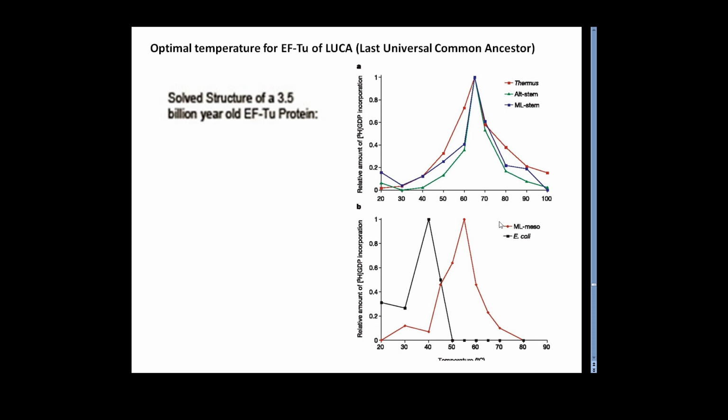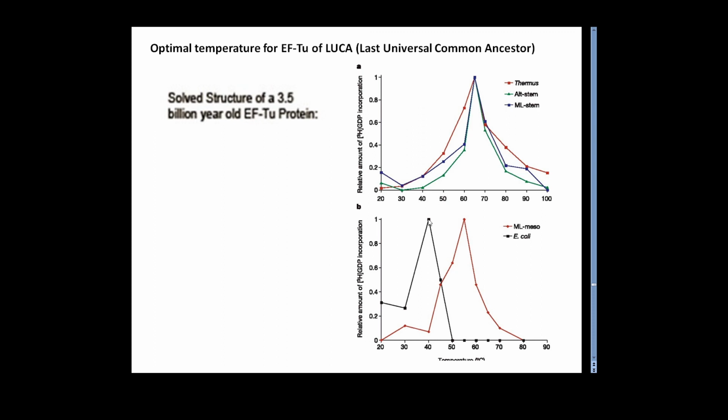It tells about the ancient temperature 3.5 billion years ago, when life was present, but the temperature was high. It's all about the gradual decrease of the temperature of our planet.